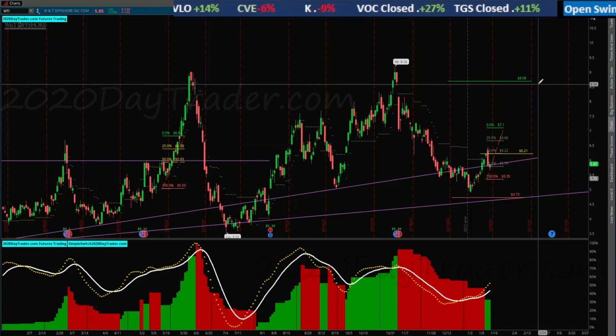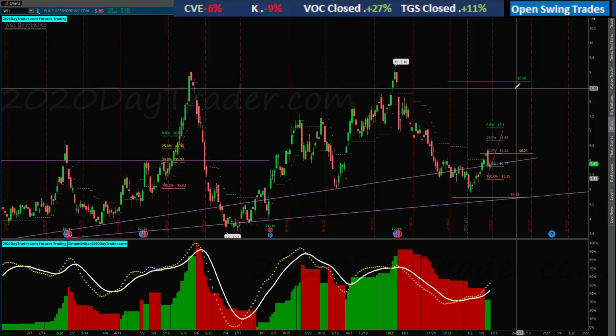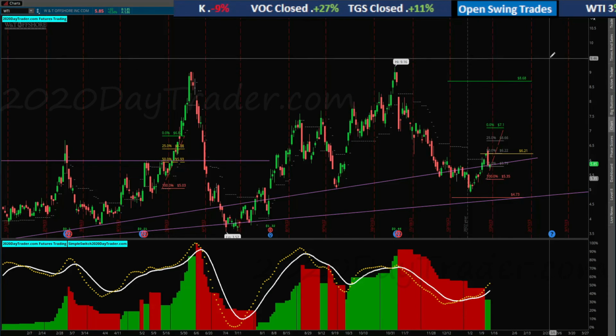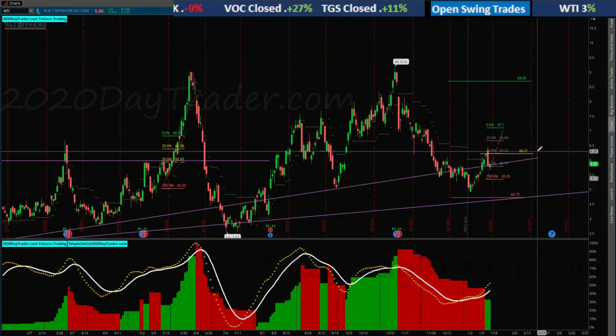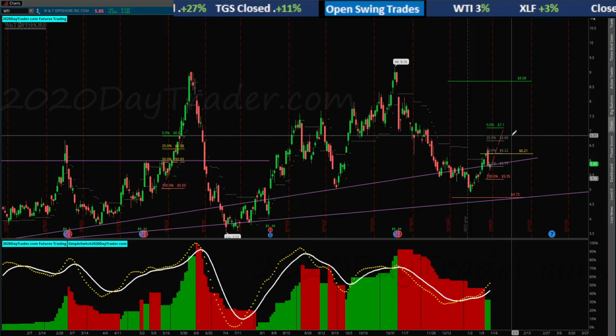And then our full target's up in this area here, 8.60. This gap fill basically is the full target, but I'm actually looking to make more, maybe $10 out of this. We'll see. But I will want to start trailing a stop once we get above the 7.1 area, $7.10.